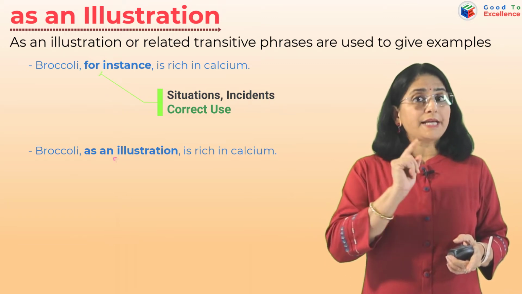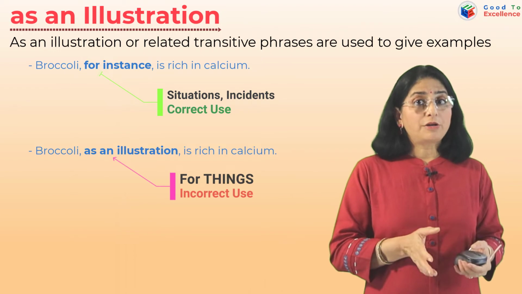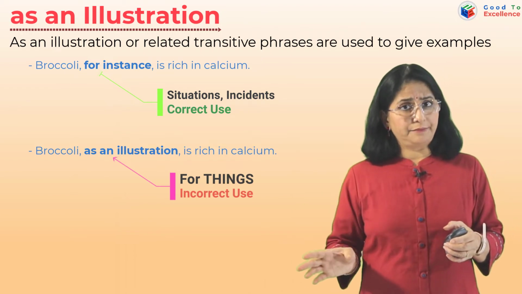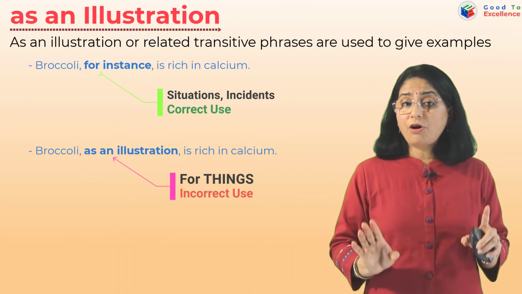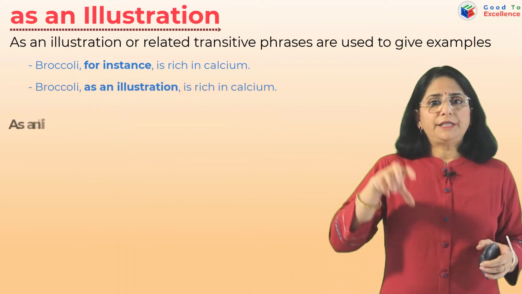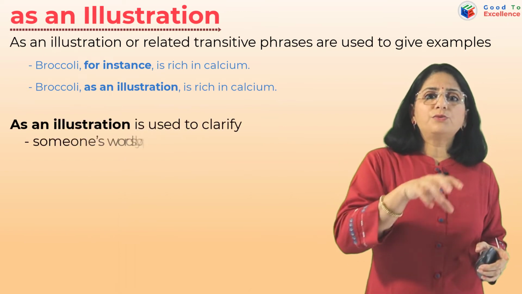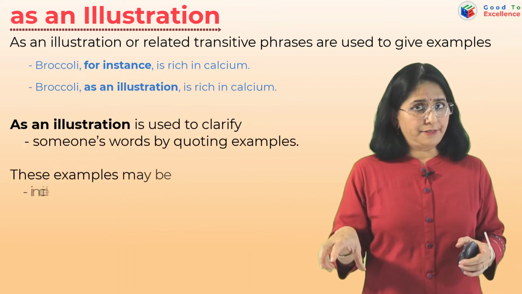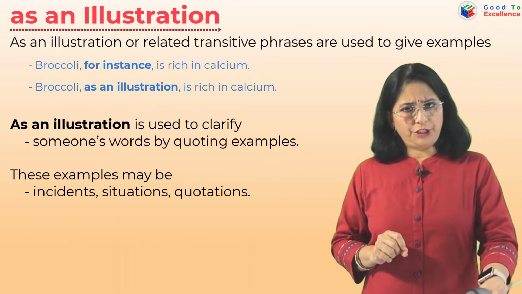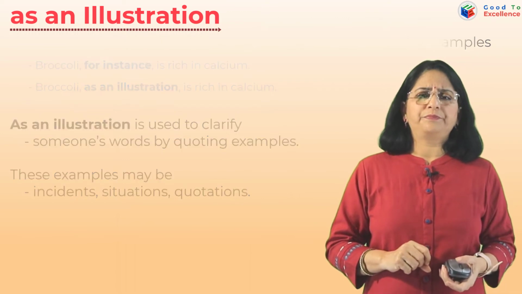Now we will see the next sentence. Broccoli, as an illustration, is rich in calcium. It's the wrong sentence. So, as an illustration is used to clarify someone's words by quoting examples. These examples may be incidents, situations, quotations.